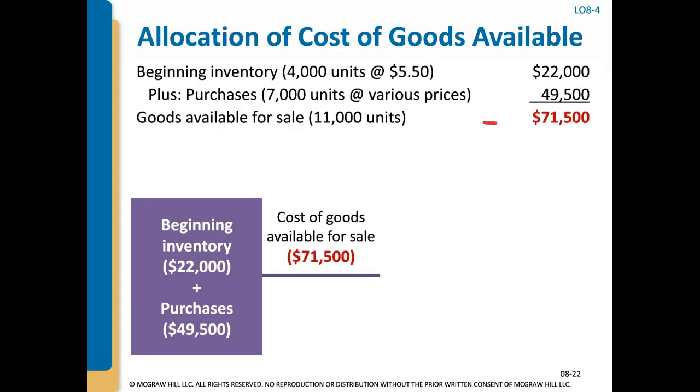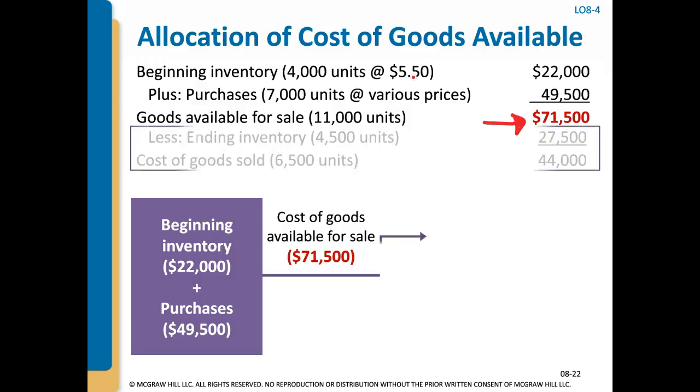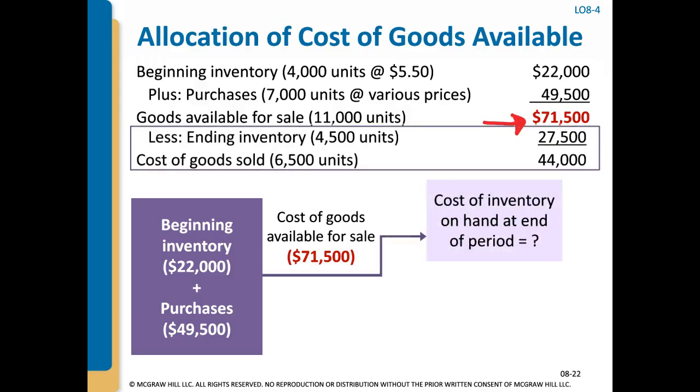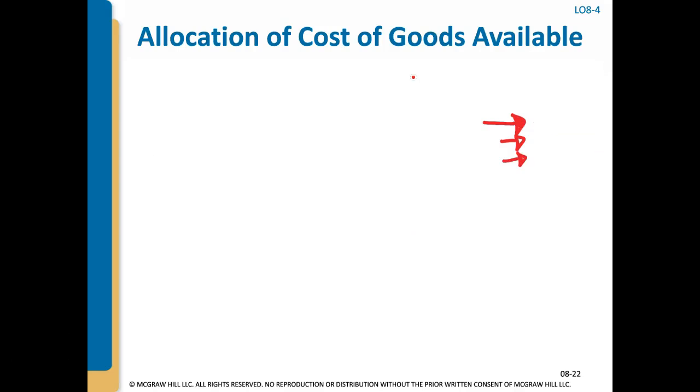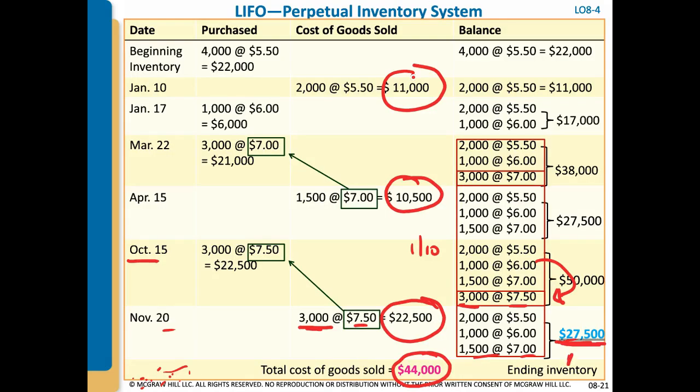So of the $71,500 of cost of goods available for sale, I can now allocate it: 27,500 goes to my ending inventory and 44,000 goes to my cost of goods sold. Let's see if that matches my spreadsheet. 27,500 and 44,000.